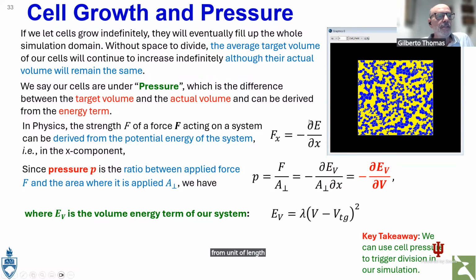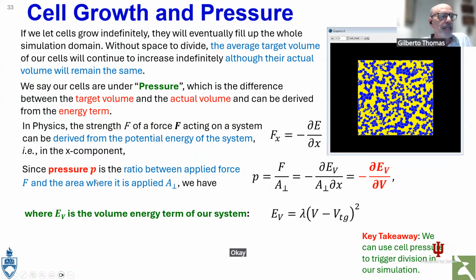So for us here, the energy we are messing around with when we change the target volume is the volume energy. So there is a variation in this quantity, and this produces this force.